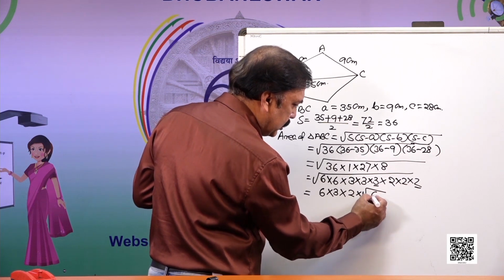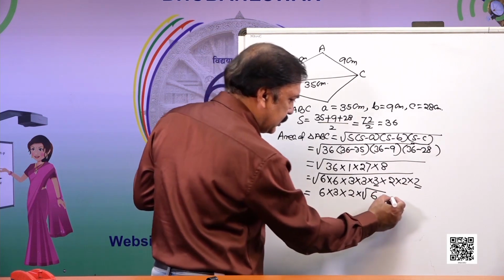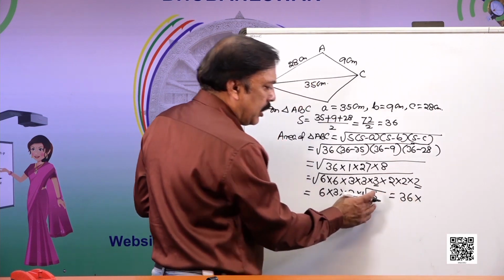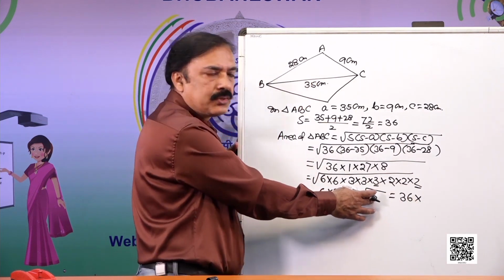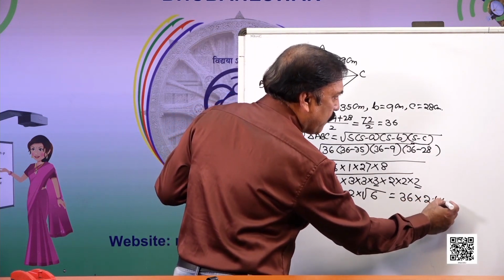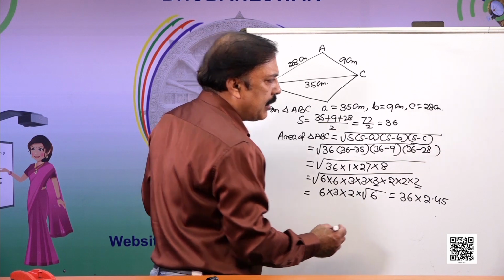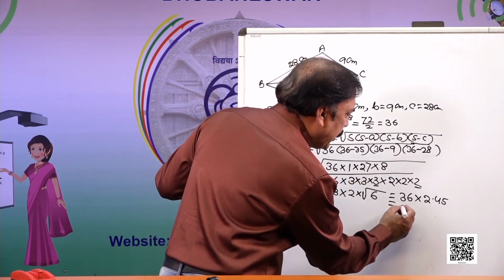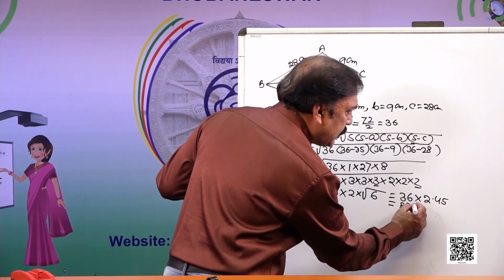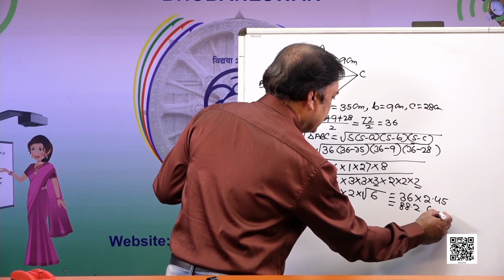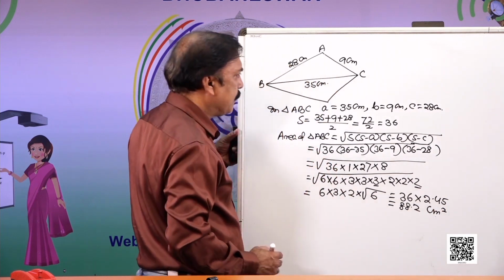So we can take root 6. This is equal to 36 into root 6, and in place of root 6 we can substitute the approximate value, that is 2.45, which gives 88.2 centimeter square.